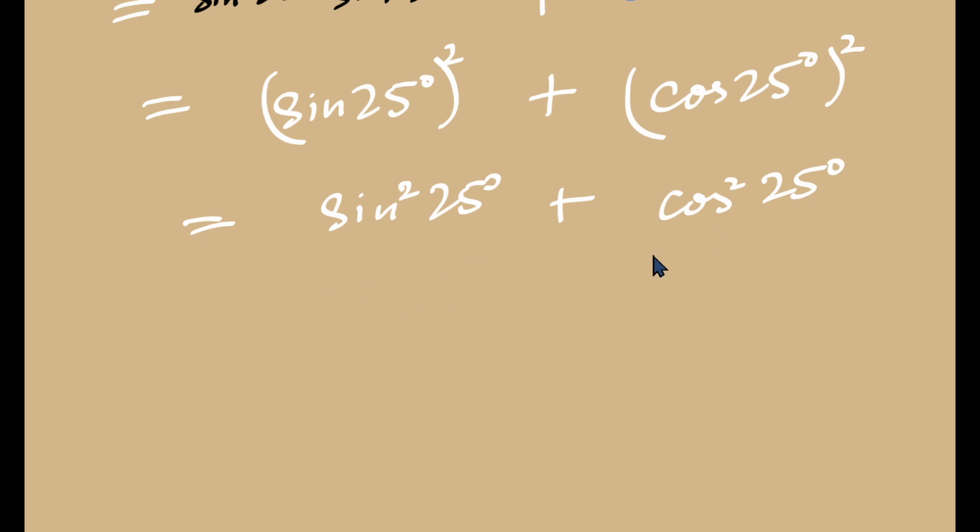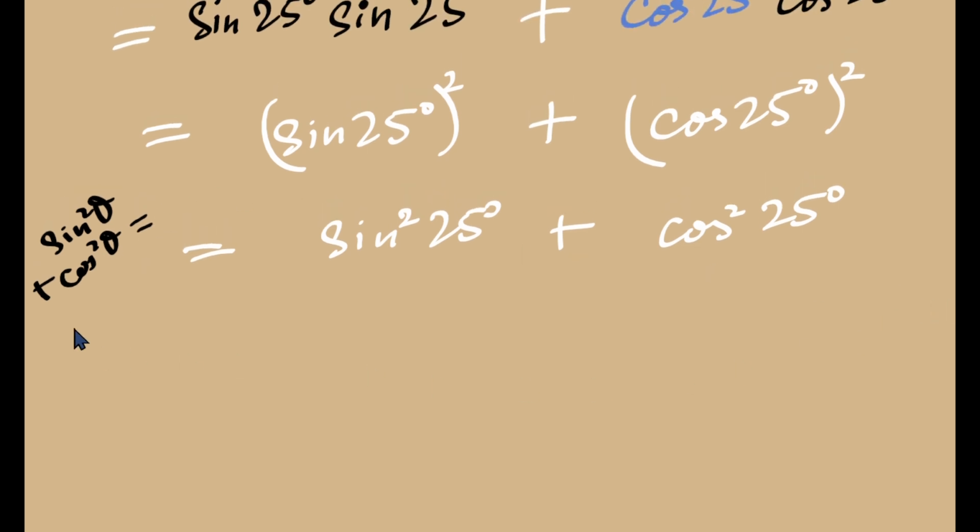Let me write down the identity before using it: sine squared theta plus cos squared theta, for any theta between 0 and 90, because that's what we have studied. We have only looked at sines and cosines for acute angles. So sine squared theta plus cos squared theta for any theta will be equal to 1. So this whole thing is equal to 1.